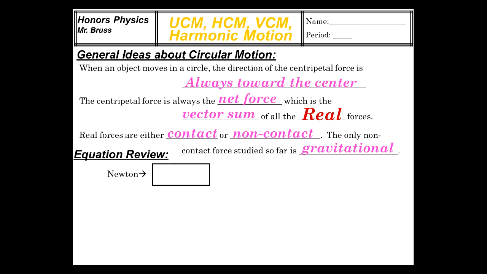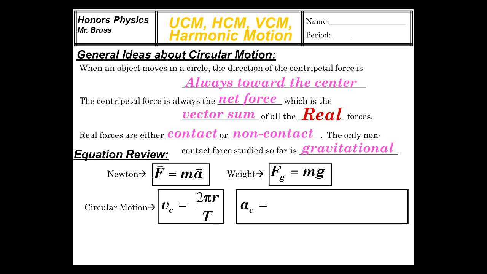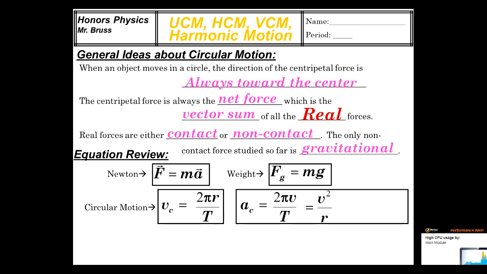Now, the equations we've encountered. Newton, F equals ma, which means sum of F is ma. Correlated with that is weight, which has the same form. It's mg, g being the acceleration. For circular velocity or circular speed, distance over time, 2 pi r over T. Centripetal acceleration, 2 pi v over T, which is v squared over r, which is 4 pi squared r over T squared.